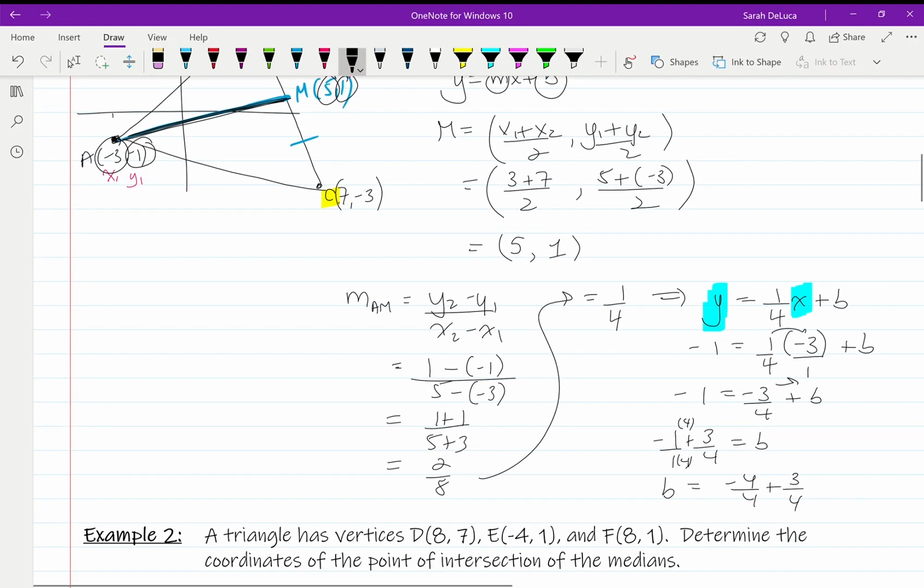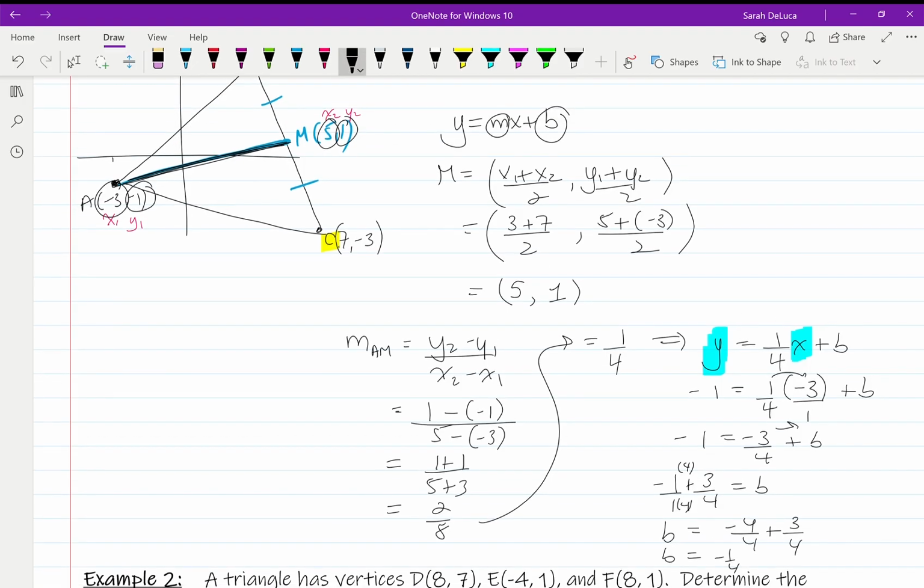I'm running out of room here, which is equal to negative 4 plus 3 is negative 1, so B is equal to negative a quarter. This is not good, but I'm going to go over here and just say, I ran out of space. Therefore, the equation of my median line is 1/4 x minus 1/4.